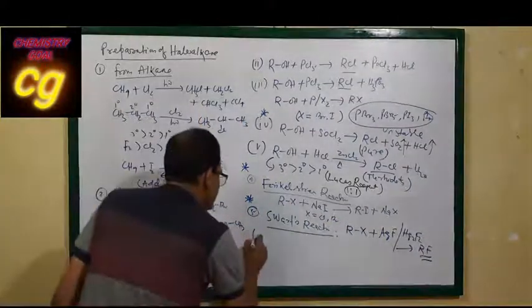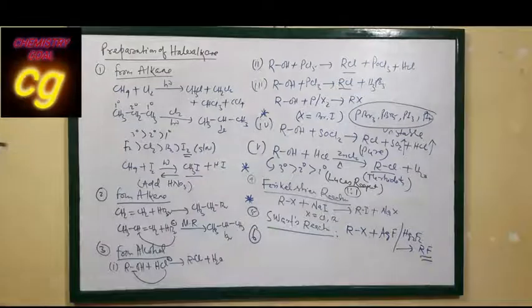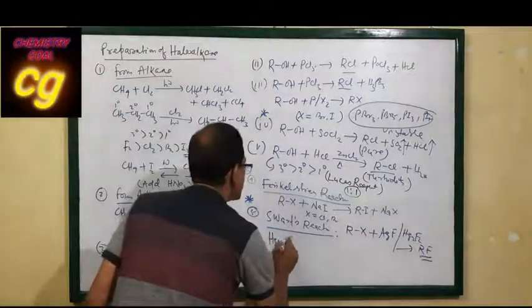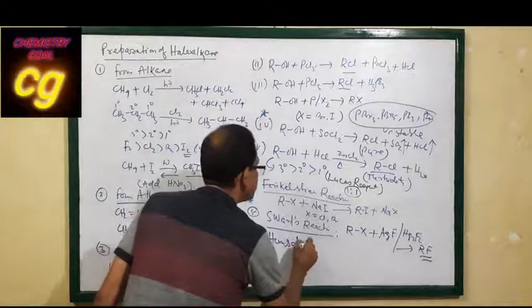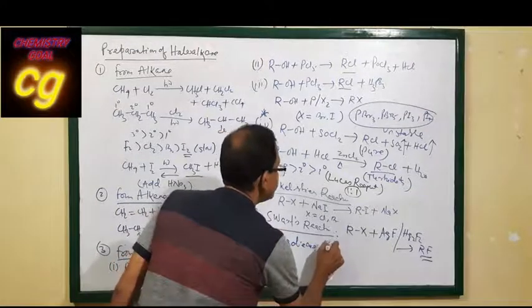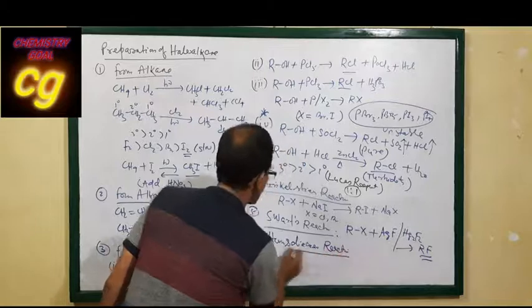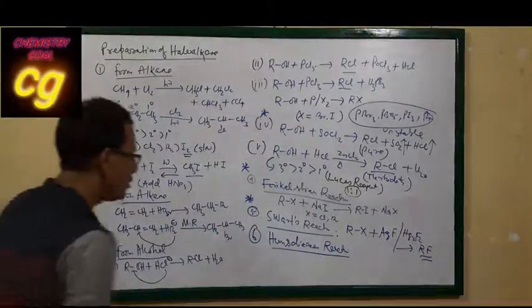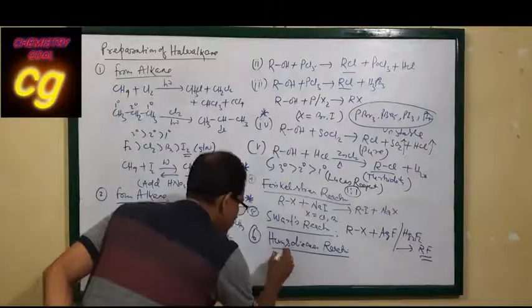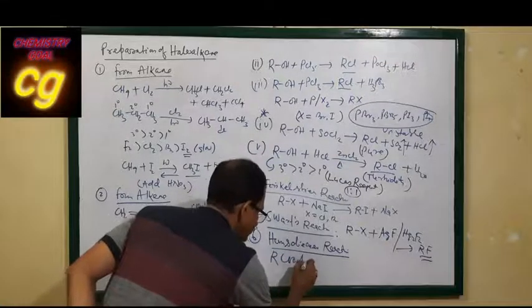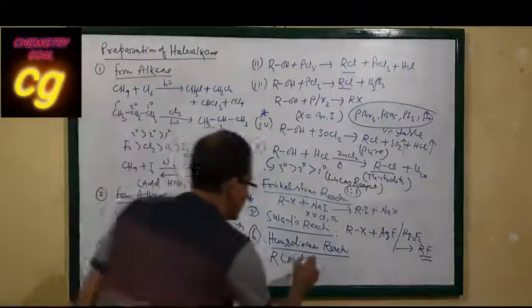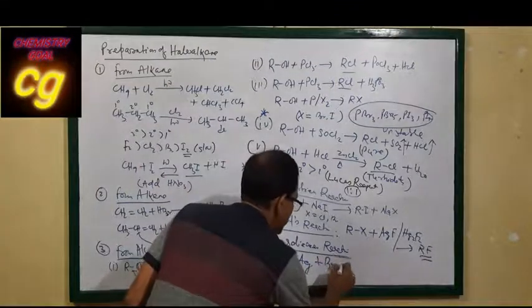Another important name reaction is the Hunsdiecker reaction. In the Hunsdiecker reaction, we take a silver salt which reacts with halogen. Let it be bromine.